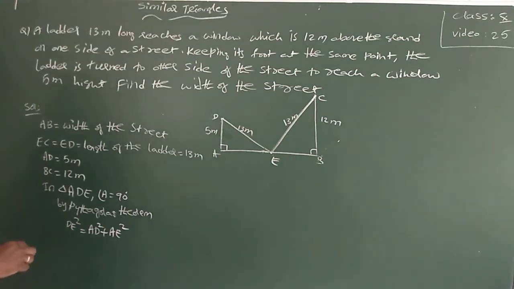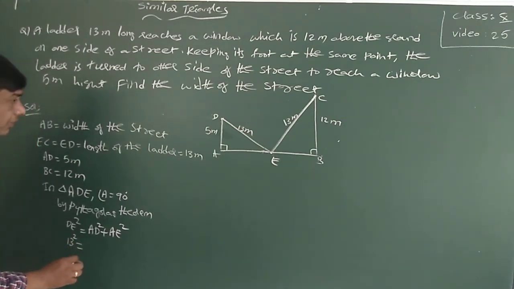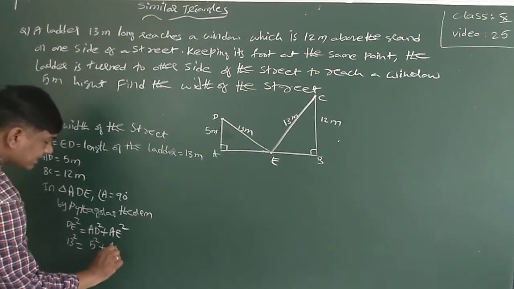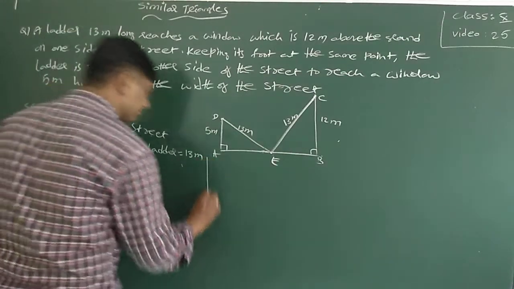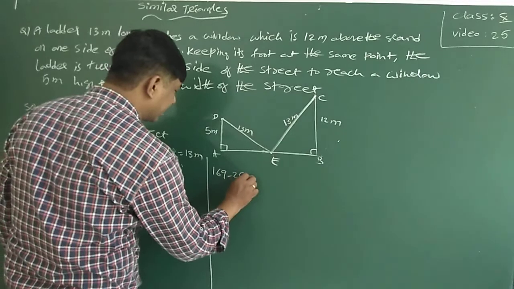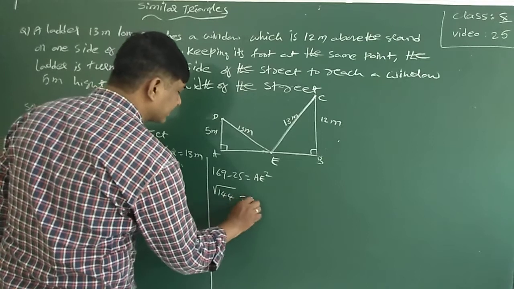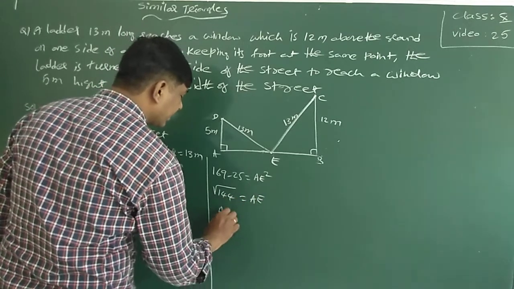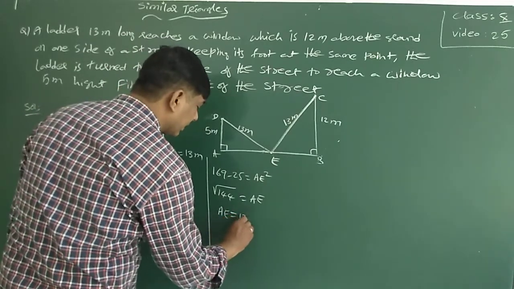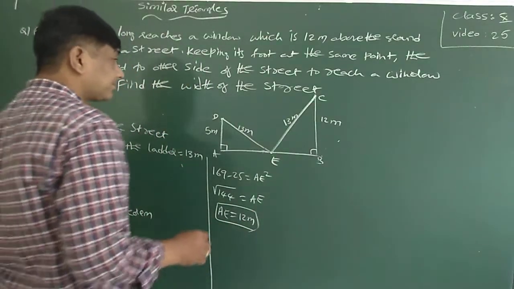DE square means 13 square is equal to AD, which is 5 square, plus AE square. Now 169 minus 25 is equal to AE square. Now root of 144 is equal to AE. AE is equal to 12 meters.